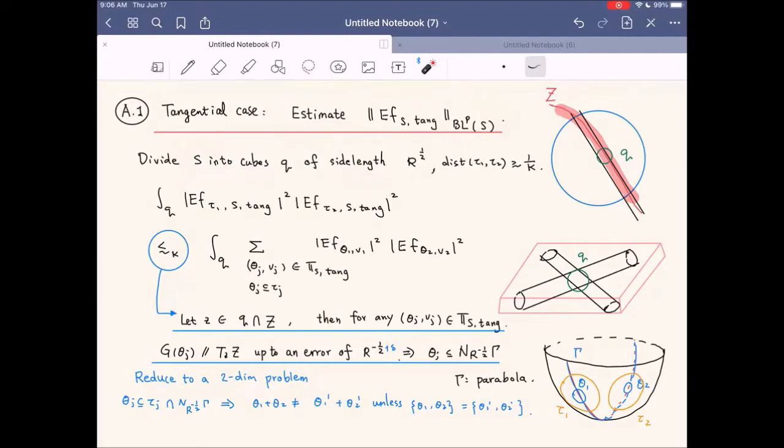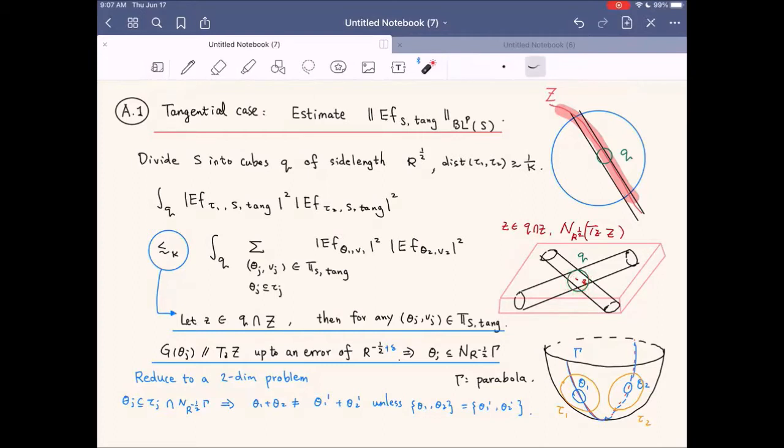And then by the tangential tube condition, all the tubes intersecting this cube should lie inside the r to the 1/2 neighborhood of the tangent plane at z, where z is any point inside Q intersect Z. So this whole fat red slab is the r to the 1/2 neighborhood of the tangent plane.